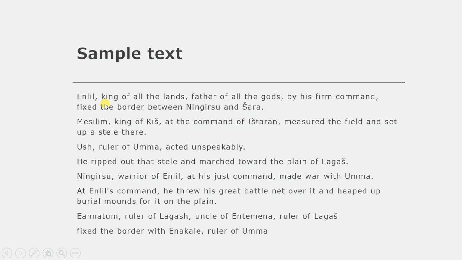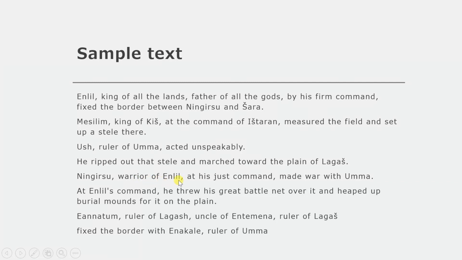Enlil, king of all the lands, father of all the gods, by his firm command fixed the border between Ningirsu and Shara. Mesilim, king of Kish, at the command of Ishtaran, measured the field and set up a stele there. Ush, ruler of Umma, acted unspeakably. He ripped out that stele and marched toward the plain of Lagash.